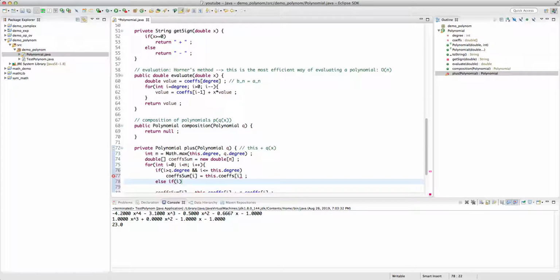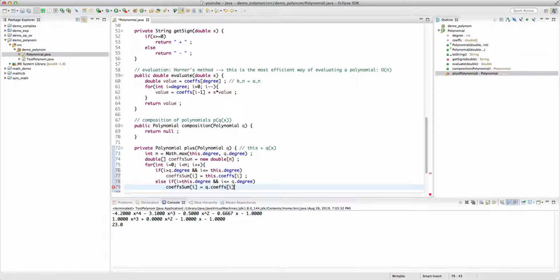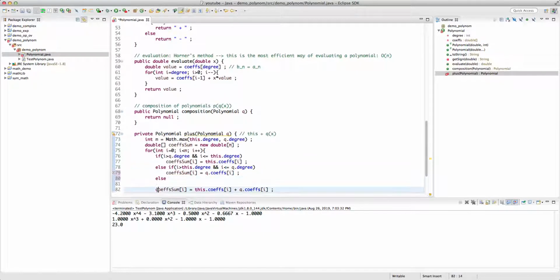Else, if i greater than this dot degree and i less than or equal to q dot degree, this term belongs only to q: q dot coefs i. And if i is less than the degree of both, then the term belongs to both of them.